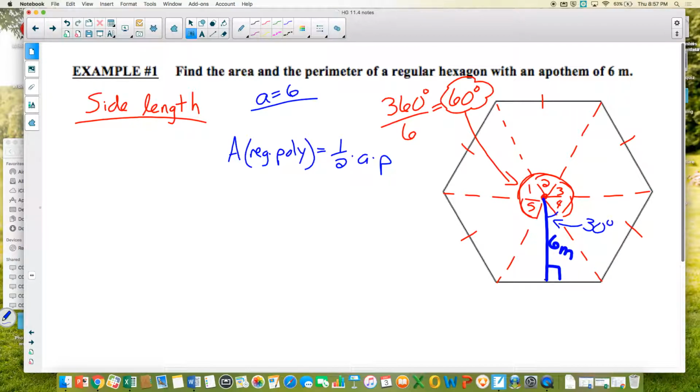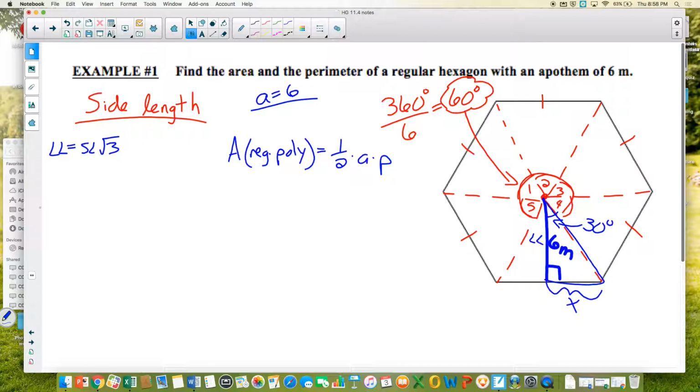Each of these triangles right here becomes a 30, 60, 90 triangle. And remember from 30, 60, 90 triangles, the long leg equals the short leg times the square root of 3. So right here, this x value is the short leg.